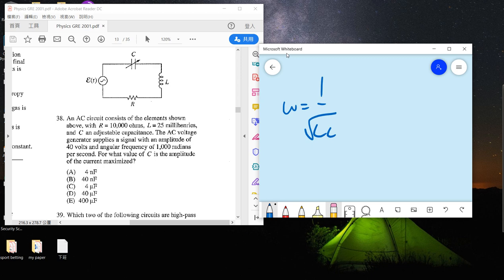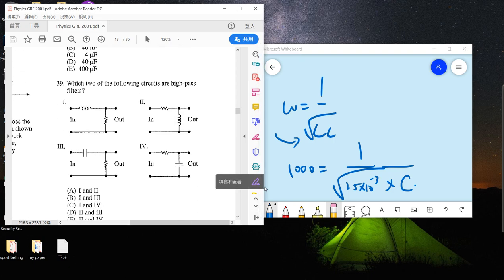Basically, you need to remember this formula, so you can plug everything in. You know omega is 1000 radians, and L is in millihenries, and C. Okay, so we get the answer is D. Just direct computation.